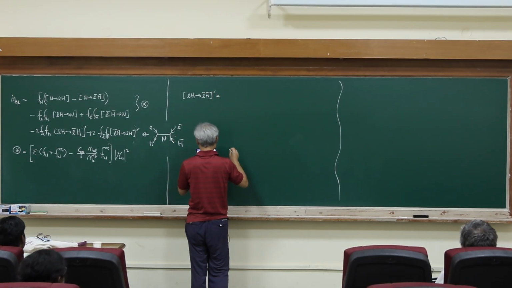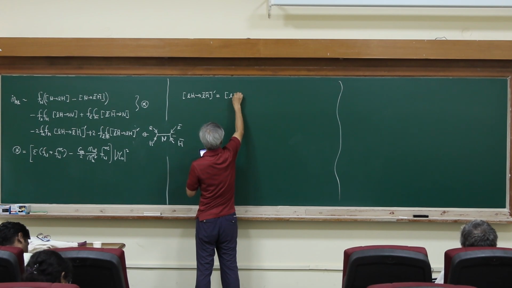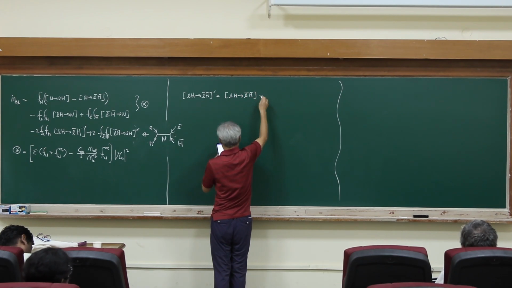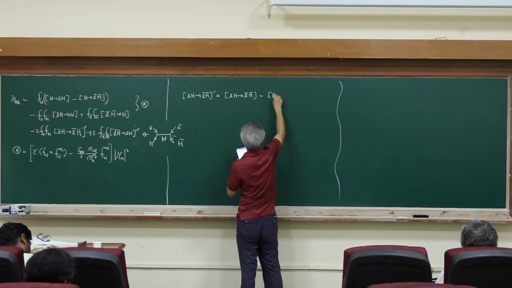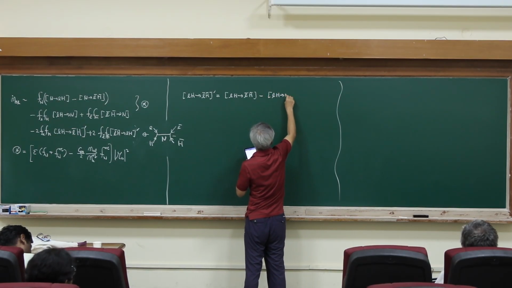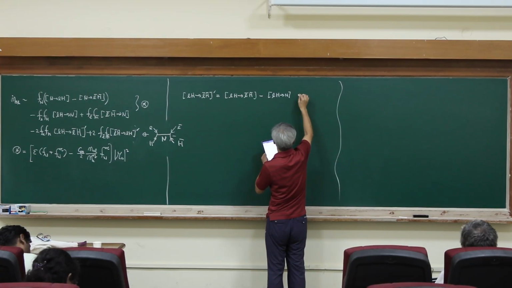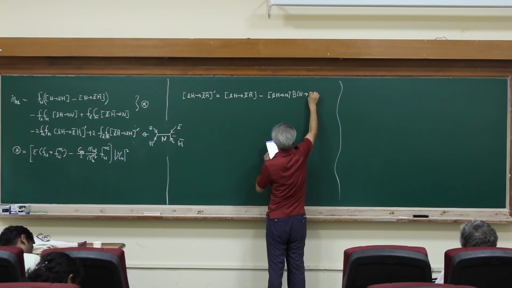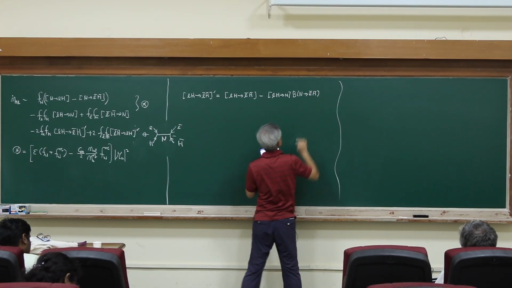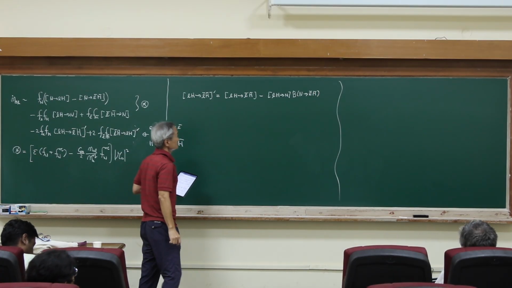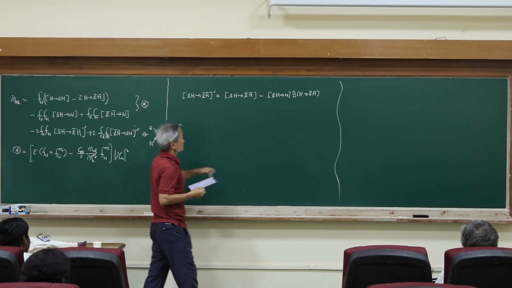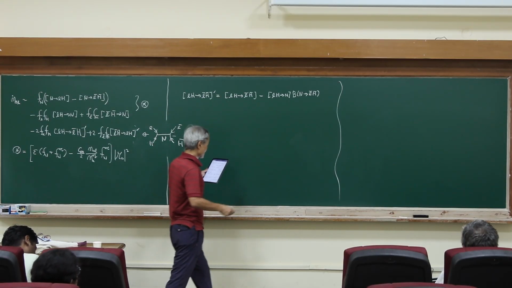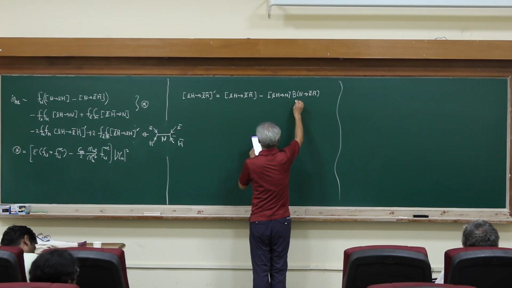Okay, so this is actually LH to L bar H bar minus the initial production, so this initial contribution should be subtracted, right?